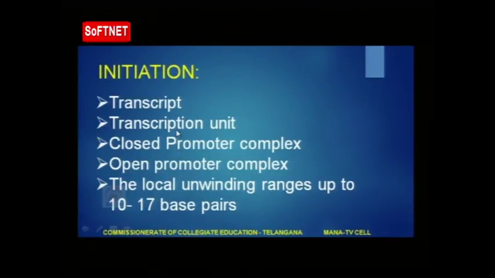And then in the initiation process, first the closed promoter complex will form, and that closed promoter complex can be converted into an open promoter complex. This conversion process is very important. If it forms an open promoter complex, then we can conclude that the initiation process has occurred.